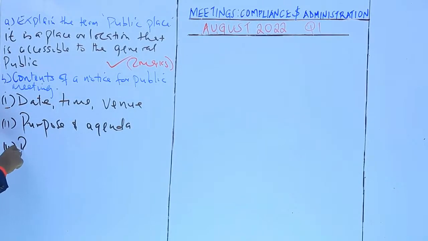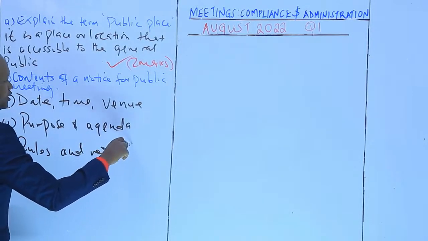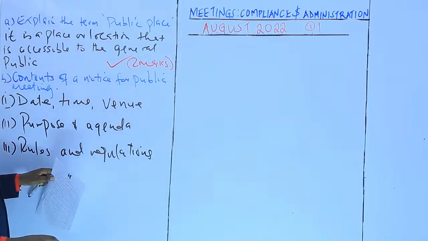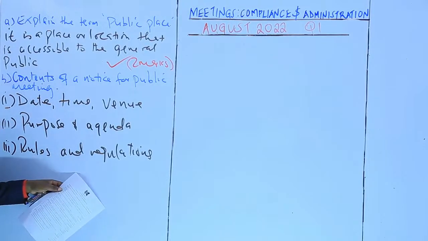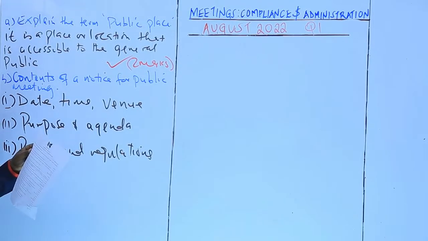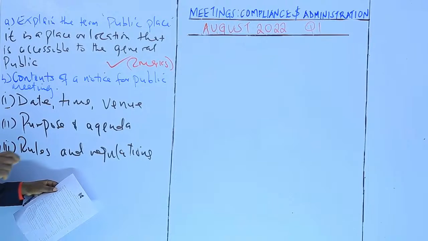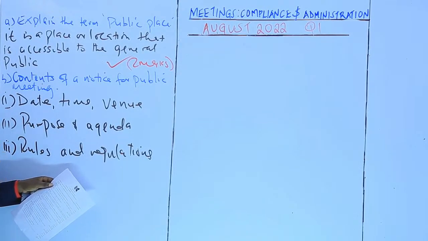3, rules and regulations. Rules and regulations is yet another content of a notice for public meeting. The notice may include any rules or guidelines or regulations related to behavior on how the attendees are expected to carry themselves.